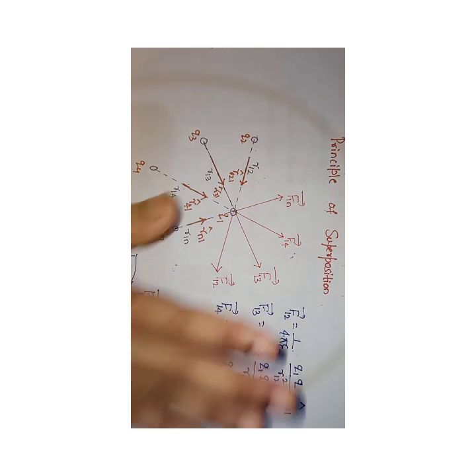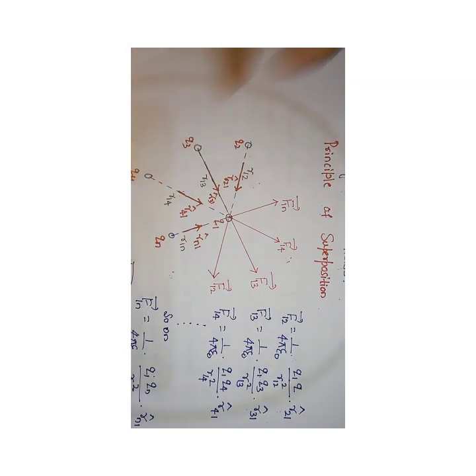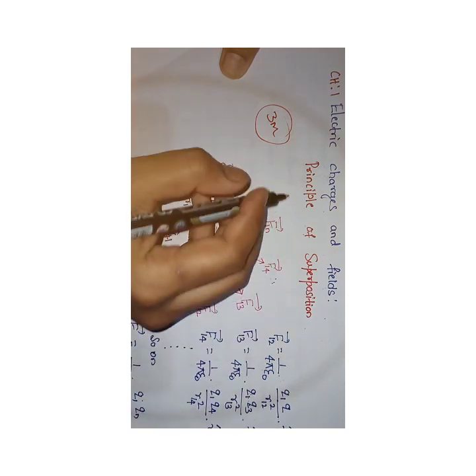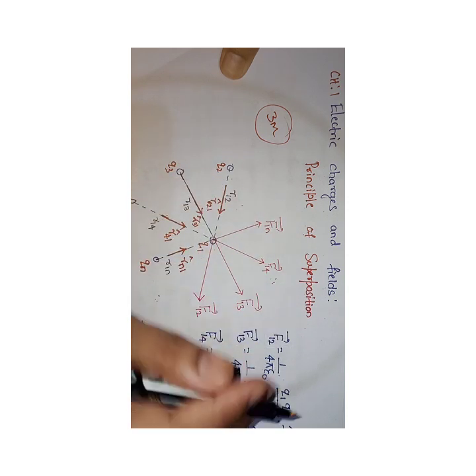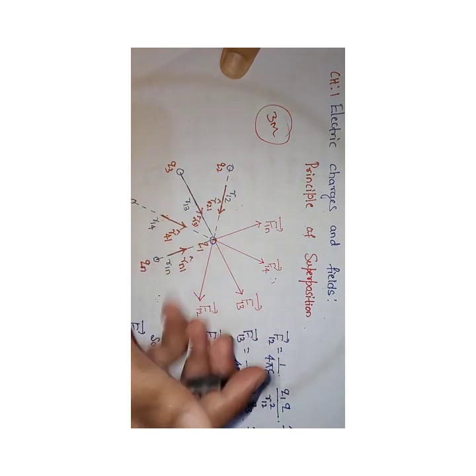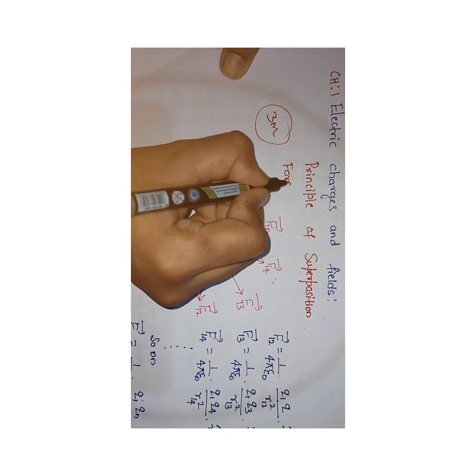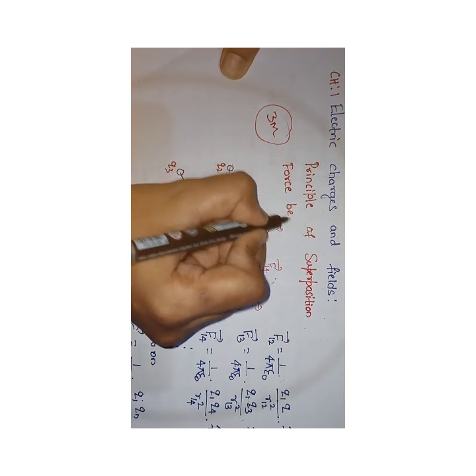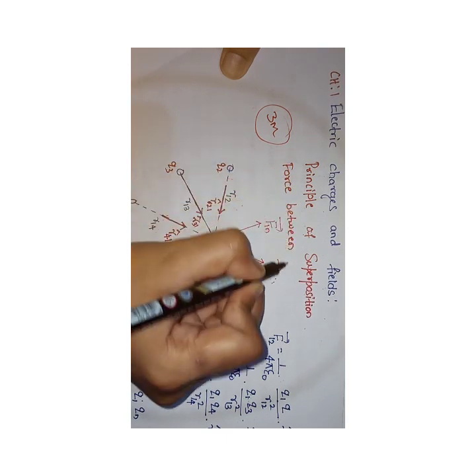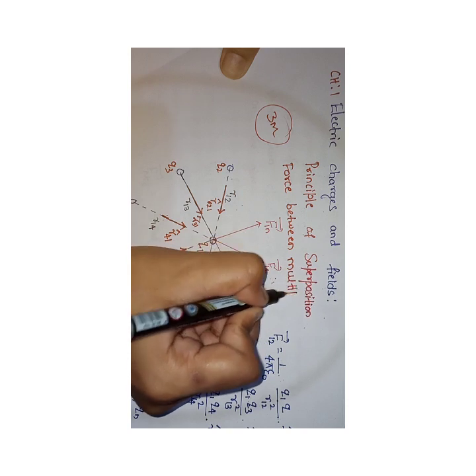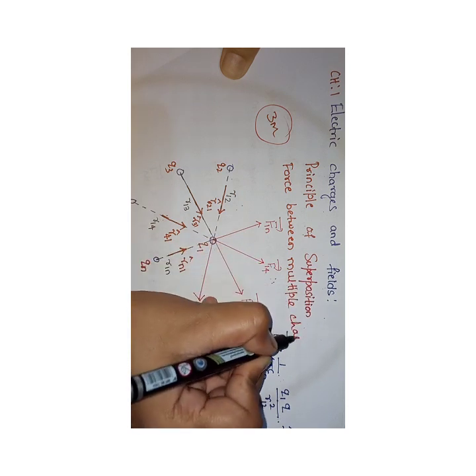So this is the derivation for 3 marks. The question will be asked: find the total force between the multiple charges by using principle of superposition. So what would be the subheading? Force between multiple charges.